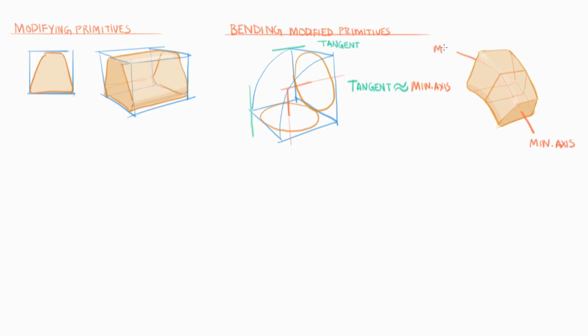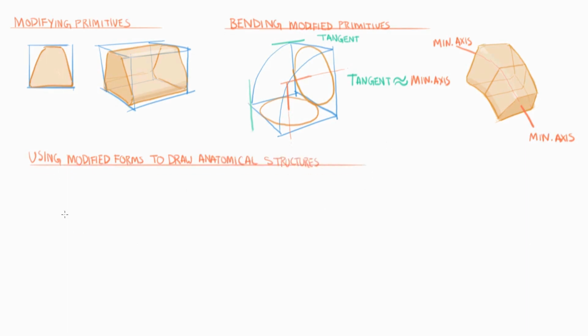Technically speaking, these aren't actually minor axes because they're not cutting along the shortest path of the polygon. So as I mentioned, we can use the same exact technique when representing anatomical figures, and this will help us orient ourselves when we're drawing these things.